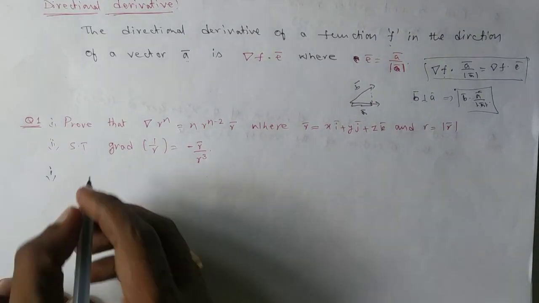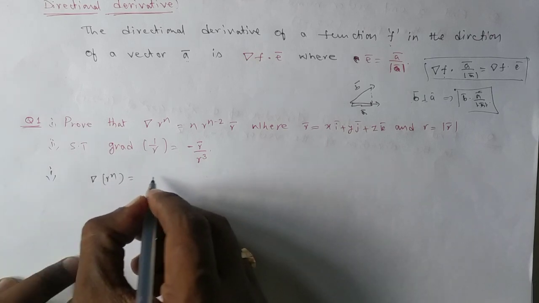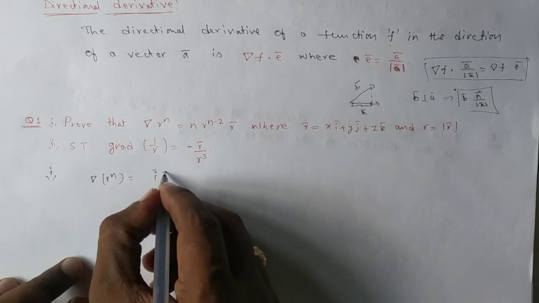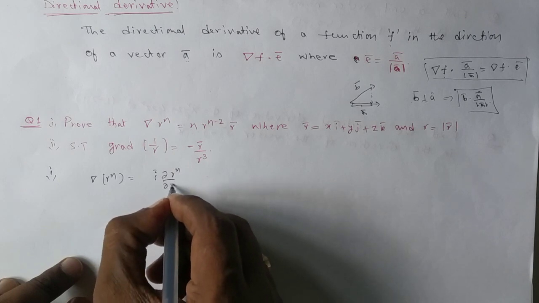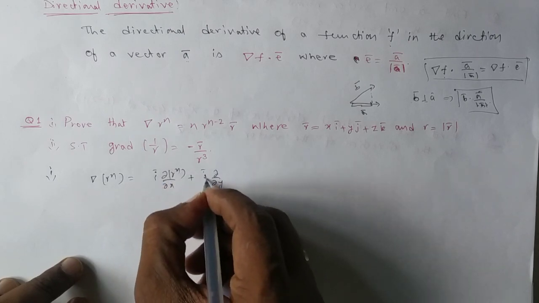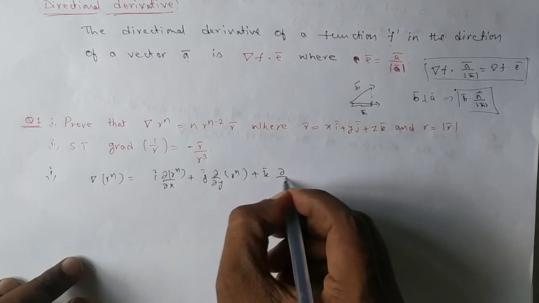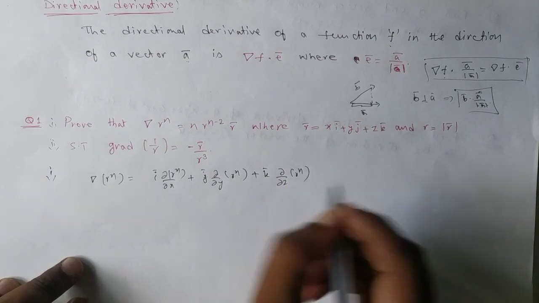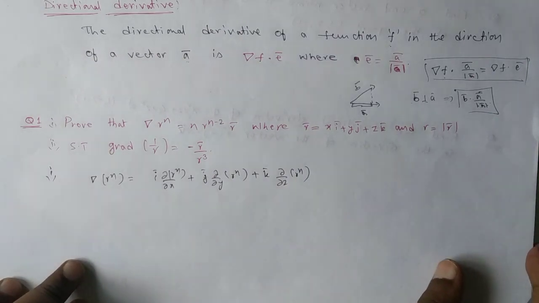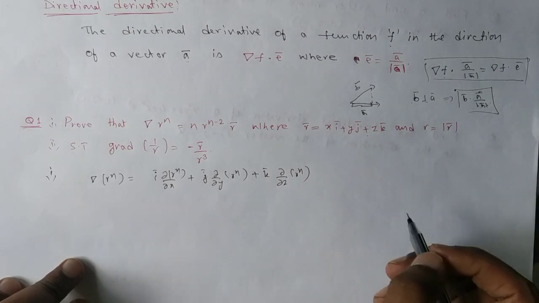We know the del operator already. Del of r power n is i bar into dou r power n by dou x plus j bar into dou by dou y of r power n plus k bar into dou by dou z of r power n. We know r bar is xi bar plus yj bar plus zk bar.